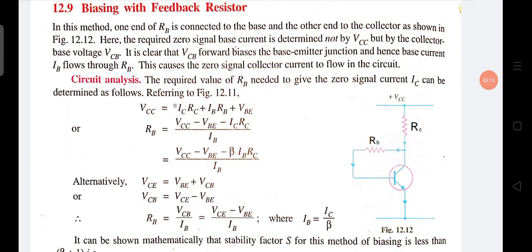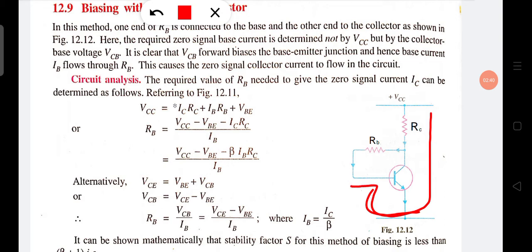In the circuit analysis, the required value of RB needed to give the zero signal current IC can be determined as follows. First, apply KVL in the circuit, in this closed loop.